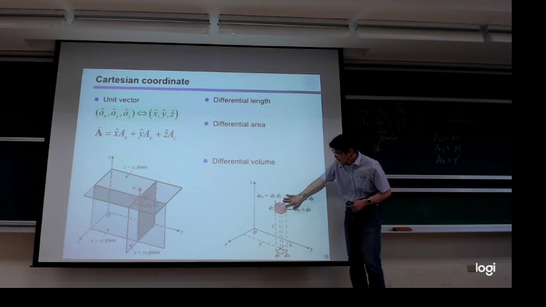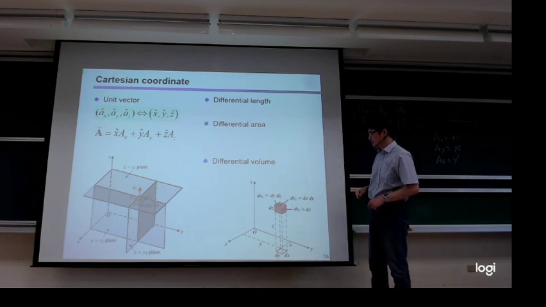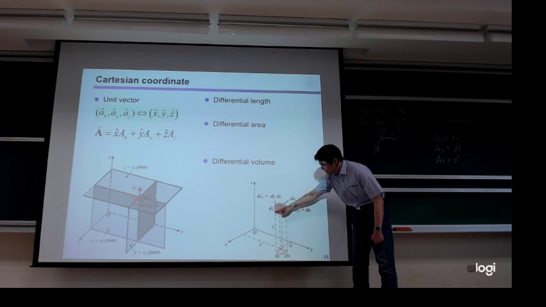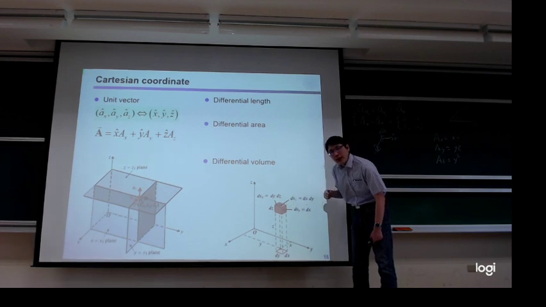So if we look closely at this figure, if we want to start from this point and we end up at the diagonal point, how should we travel?